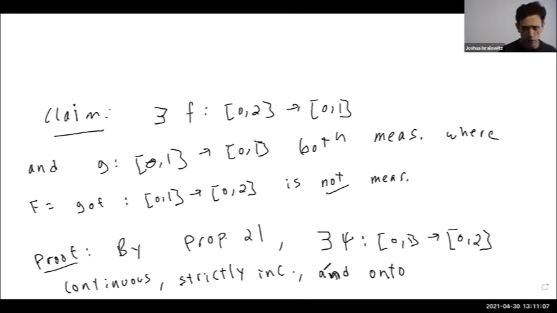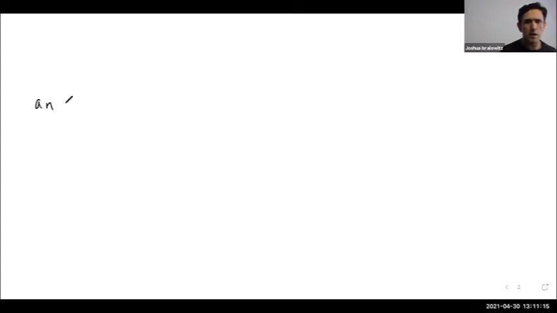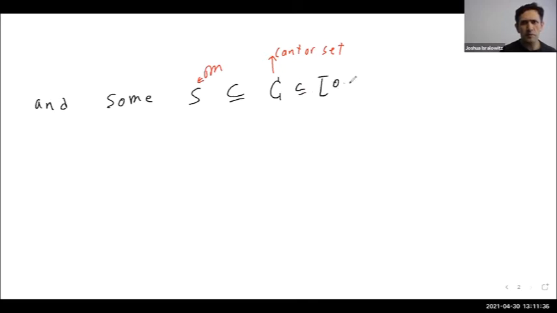Strictly increasing means it's one to one. And a subset S of the Cantor set, and remember the Cantor set has measure 0, so S has measure 0, and so S is measurable. Remember the Cantor set is a subset of 0 to 1, where the image of S is not measurable.